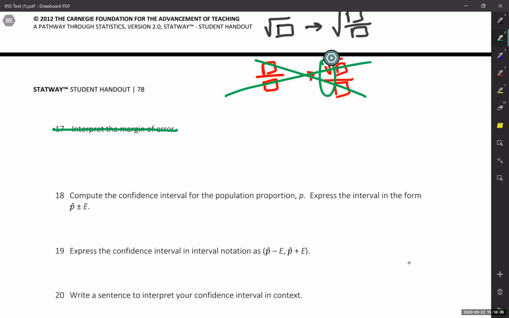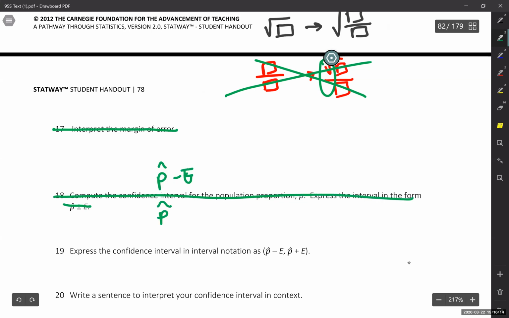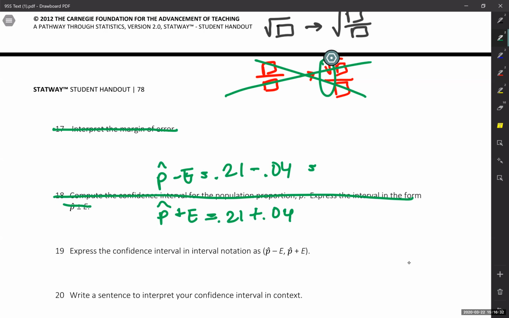So 0.21 minus 0.04 and 0.21 plus 0.04. So I'm going to get 0.17 and 0.25.